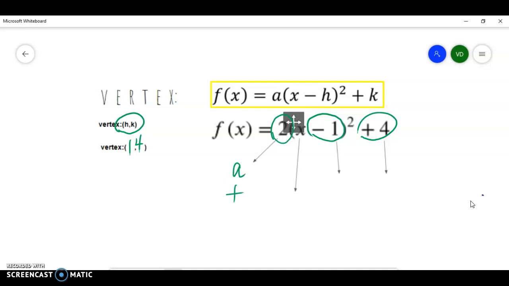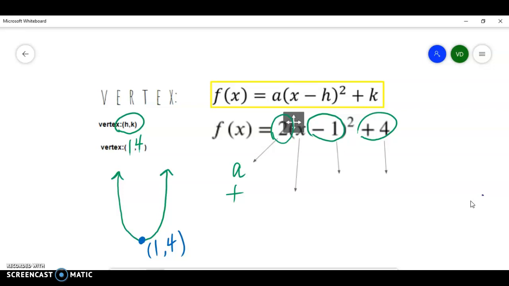That means that my curve is going to look like this, right? That means that my vertex will be here, and it is at 1, 4. Okay, and I've gotten all of this information just by looking at my equation.